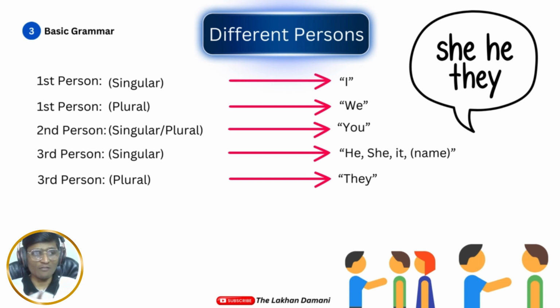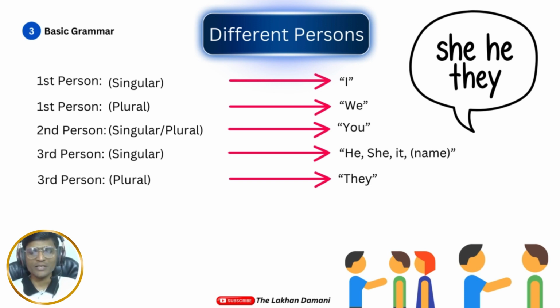But when you have more than two people, like my brothers, my friends, we are here, you are going to say, you are here. It means you are using plural you for all of us. I hope you are trying to understand. Feel free to comment below for your questions, please.